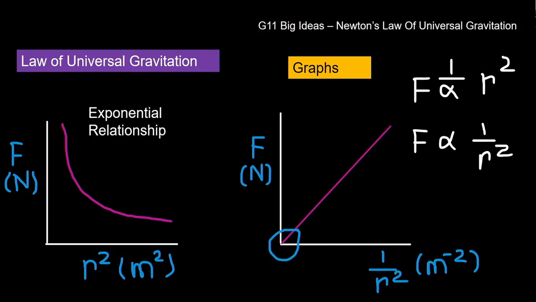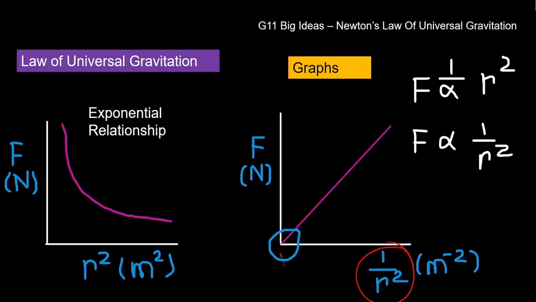However, we have to prove that. So the way that we prove it is by manipulating the data and by changing it around. You can see here, I have turned the data around, and for that straight line to then pass through the origin. Only once this straight line graph passes through the origin can we say that the relationship is inversely proportional.